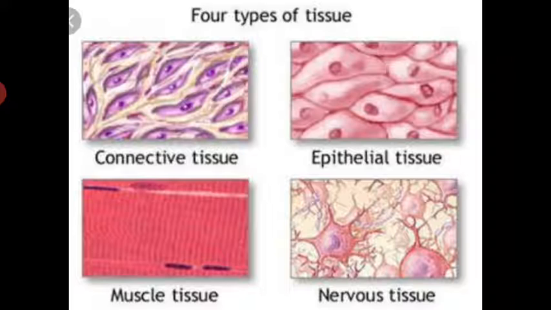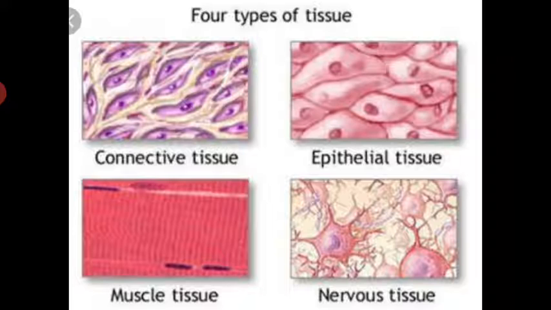You can see the pictures of the four different types of tissues: connective tissue, epithelial tissue, muscular tissue, or we can call it muscle tissue also, and the last one, nervous tissue. This is how these different types of tissue look when we see them under a microscope.